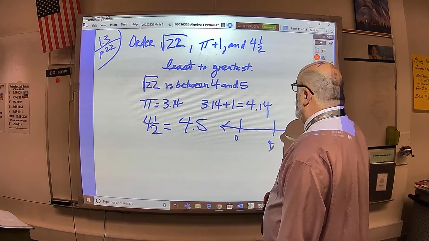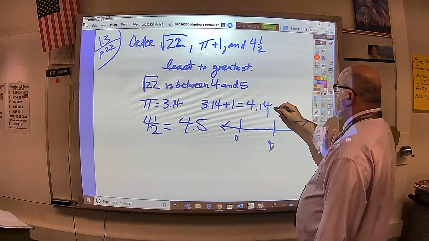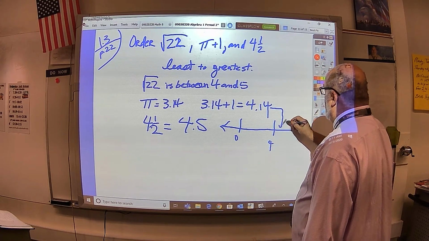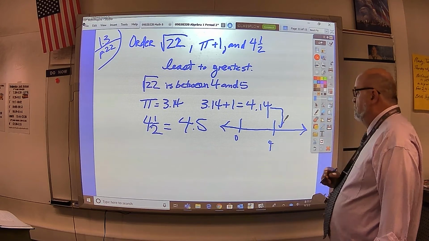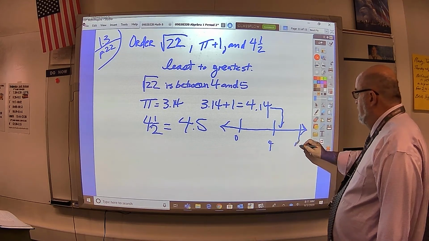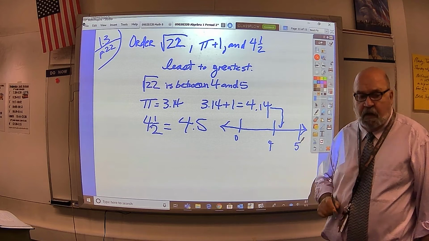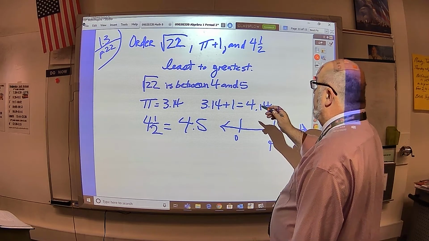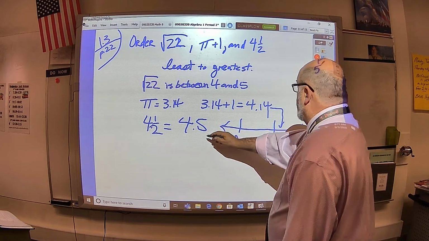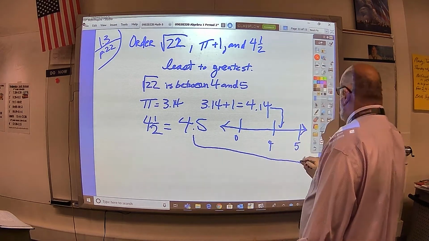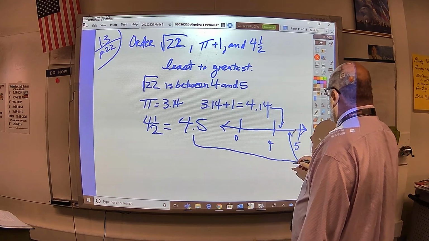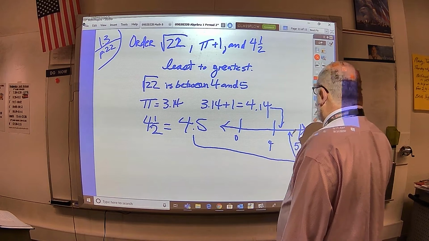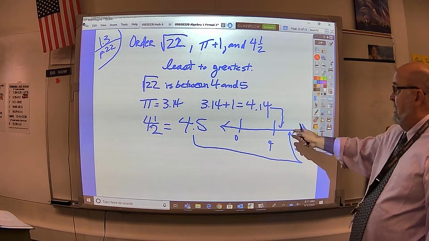This one, 4.14, we could say is right about there, assuming this is the value of 5 on the number line. This one is exactly 4.5 on the number line. So we know that to be true.